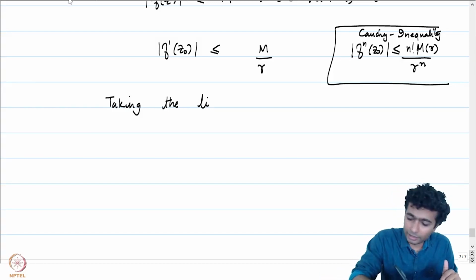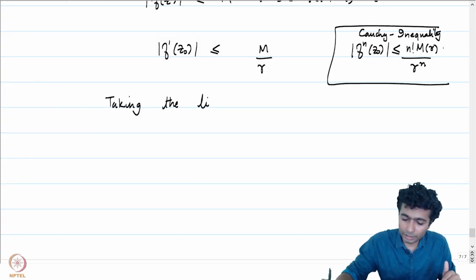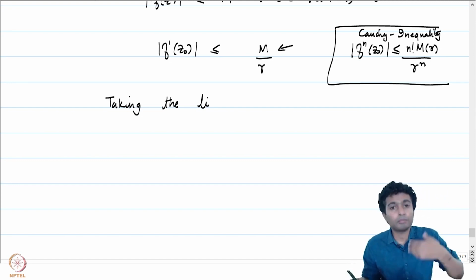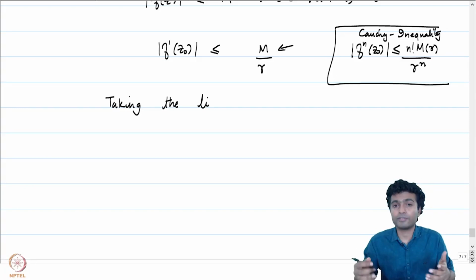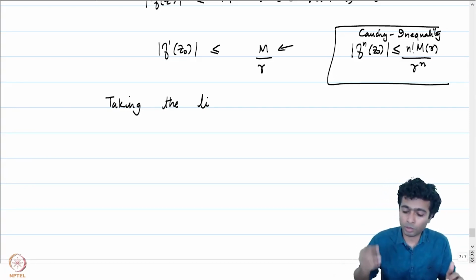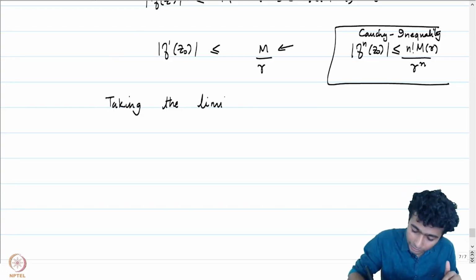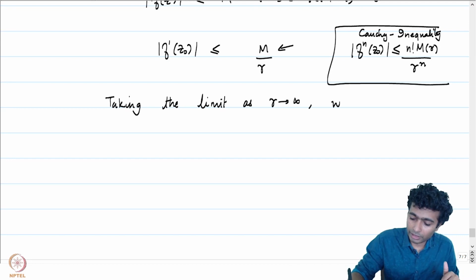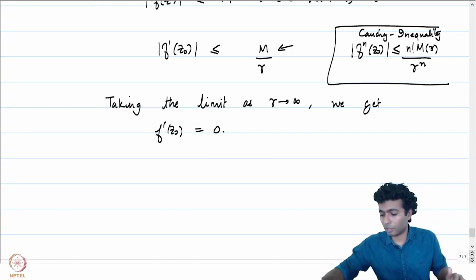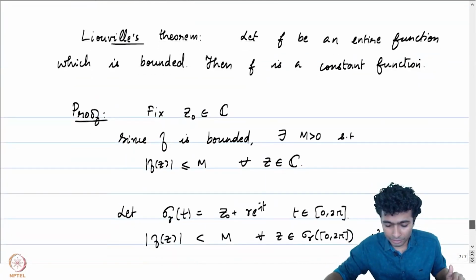But in our case, M is uniformly bounded by some capital M because f is an entire function which is bounded. So, this is a bound which is uniform on every r, and hence when you take the limit as r goes to infinity, we get mod f prime of z0 is 0, so f prime at z0 is equal to 0.